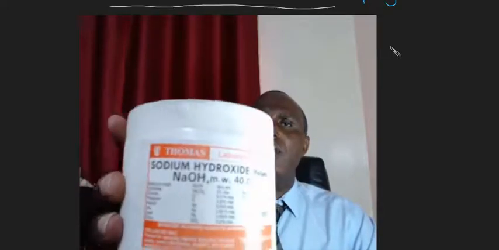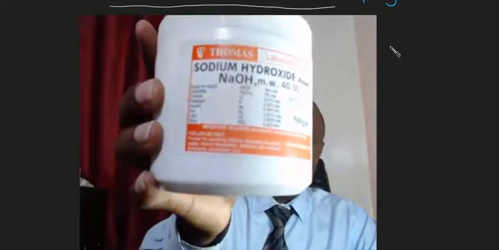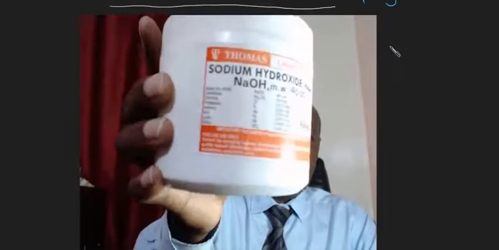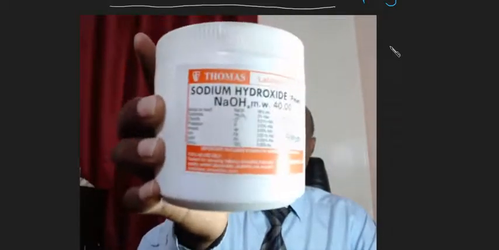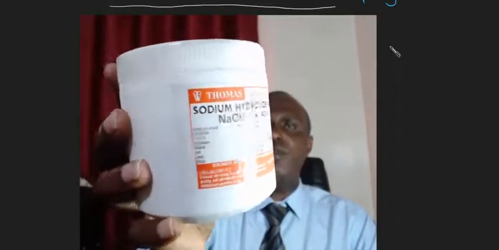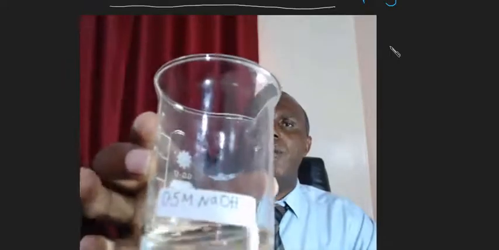Therefore, it exists in solid form at room temperature. In many reactions, it will not react when it is in solid form. In most cases, we want to make it a solution. Then we do whatever kind of reaction we want so that we can get the results we want.